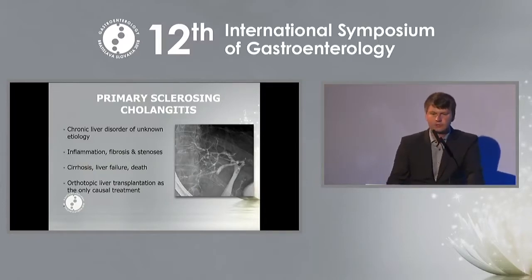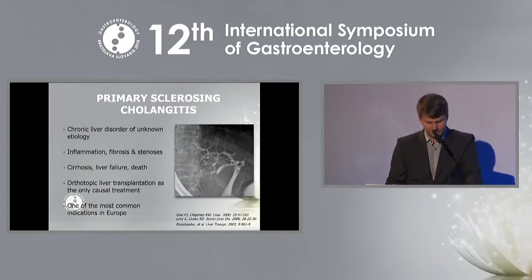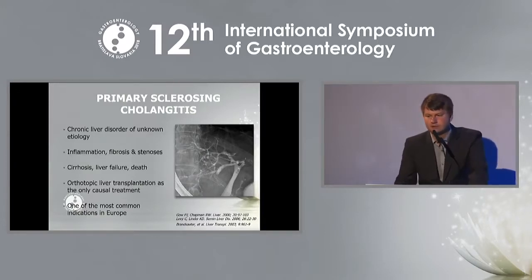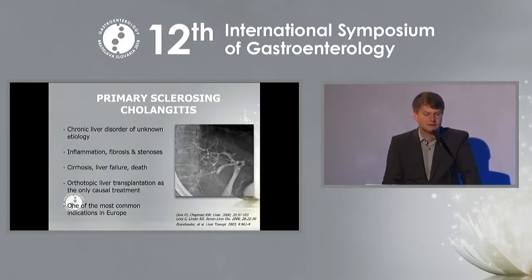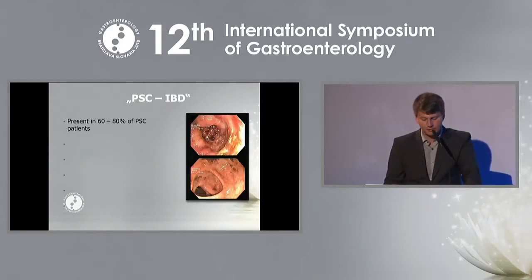Liver transplantation is the only currently known treatment of the disease, even though the disease recurs in up to 44% of the patients. And it is important to say that in northern Europe it is the most common indication for liver transplantation, not so in the southern part of Europe, but still it is the leading indication in Europe.